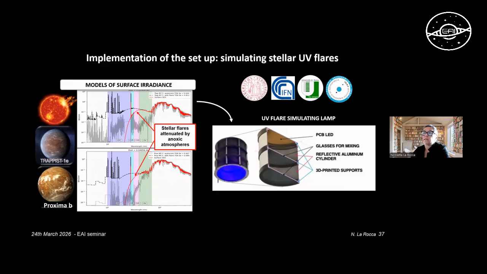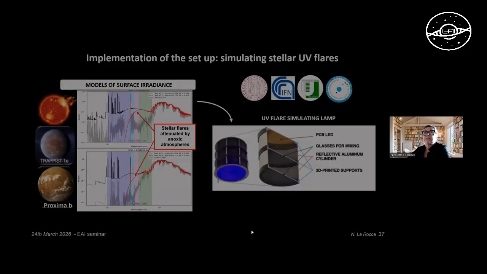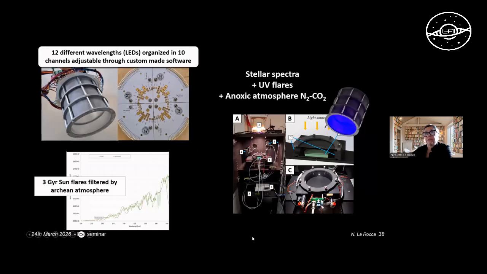So, stellar flare attenuated by anoxic atmosphere: we built up this UV flare simulator, made by 12 different wavelengths of LED, organized in 10 channels, adjustable through custom-made software.